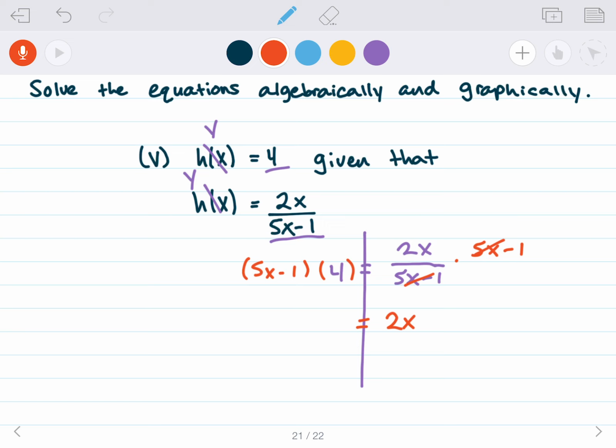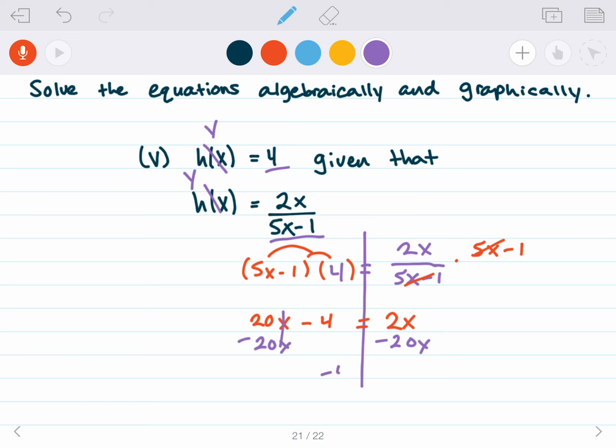Now, on the left side, I need to distribute the 4 in there to the 5x minus 1. So 4 times 5x is 20x. 4 times minus 1 is minus 4. And from here, I can group my x's on one side by first subtracting 20x on both sides.